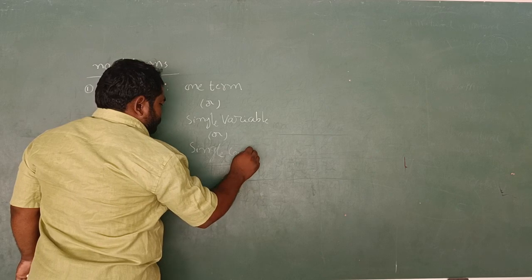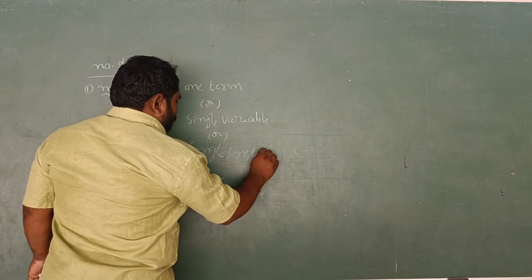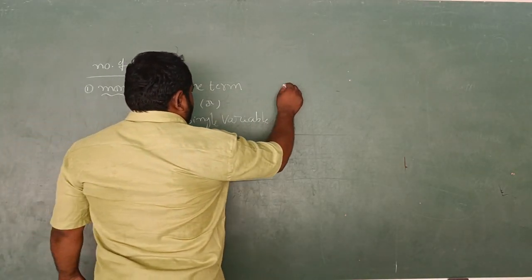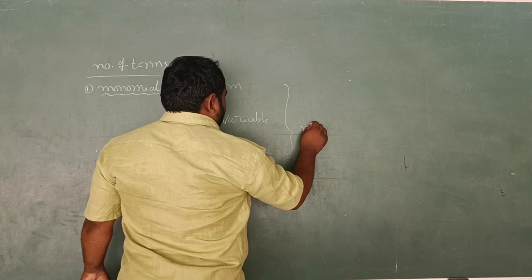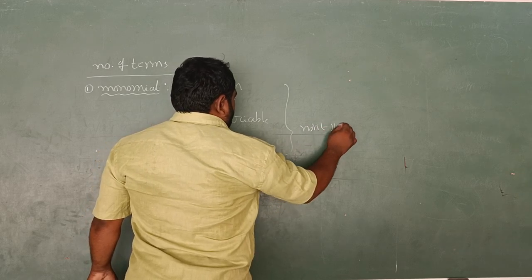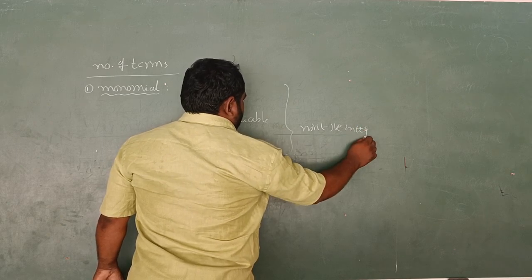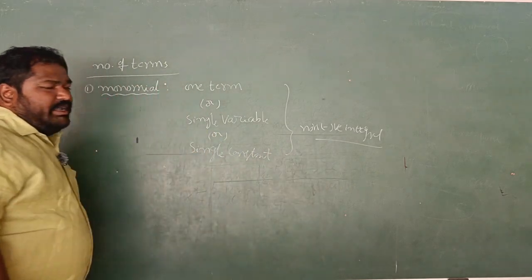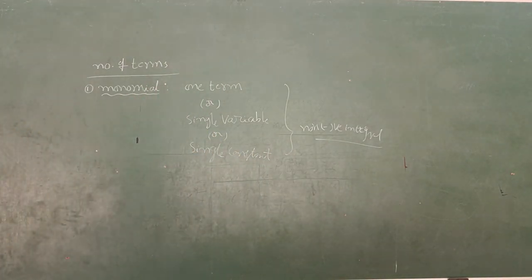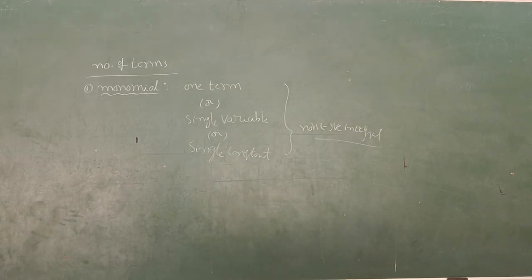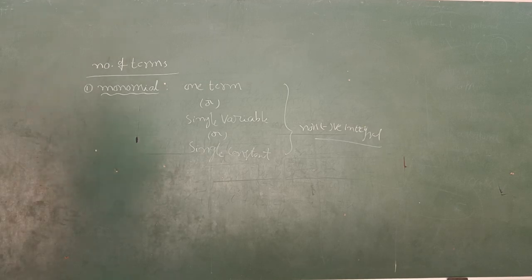I will explain all those. A single constant is also called a monomial, but a condition applies here: the variable must have non-negative integral power. Here the definition of monomial: if a polynomial contains one term, it is called a monomial.